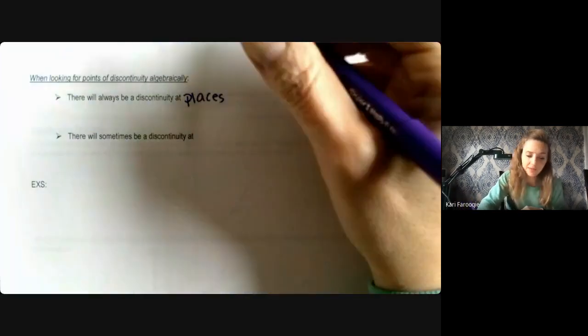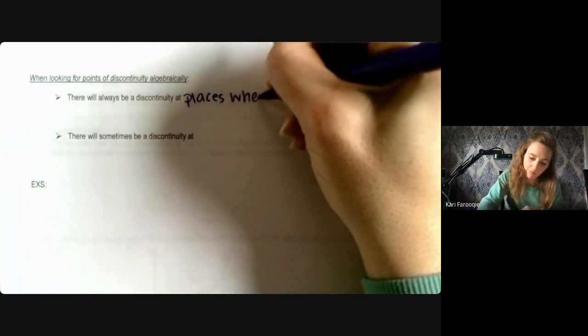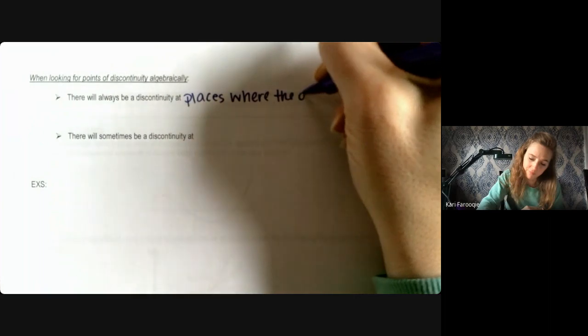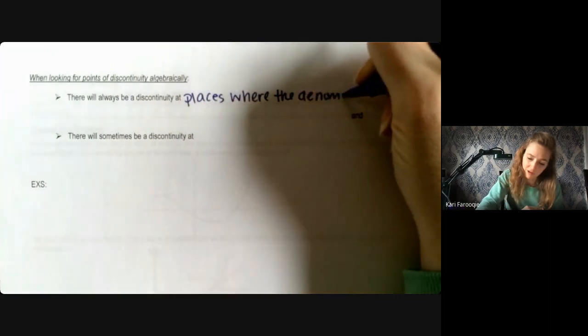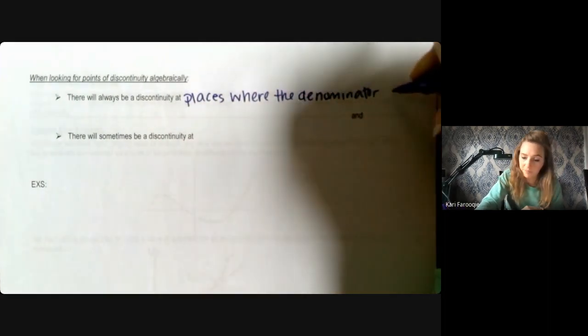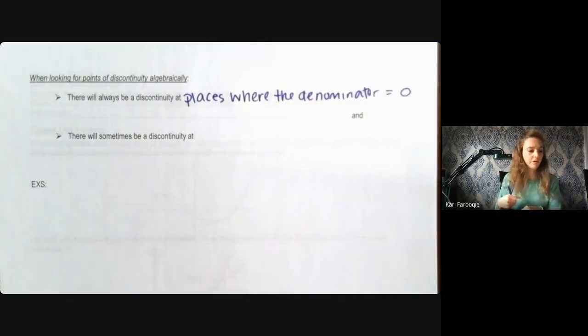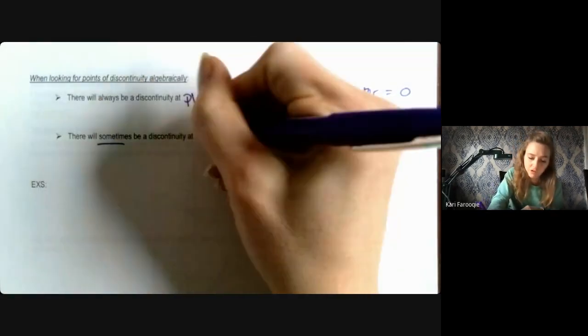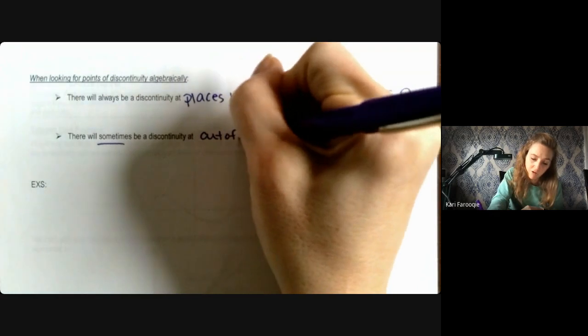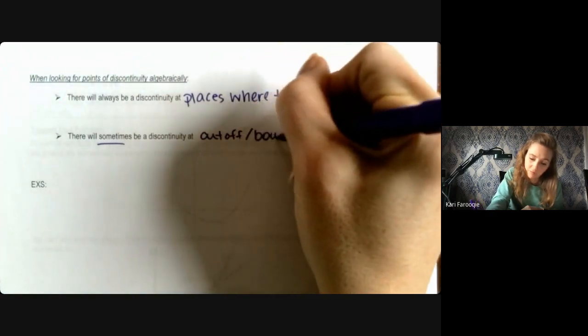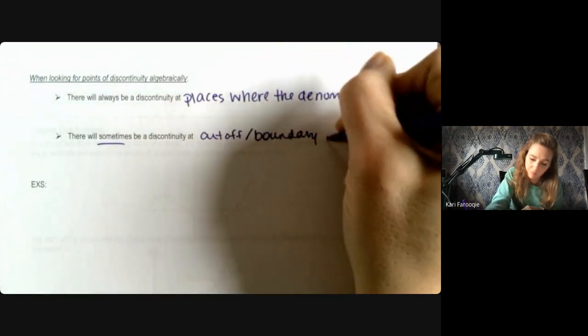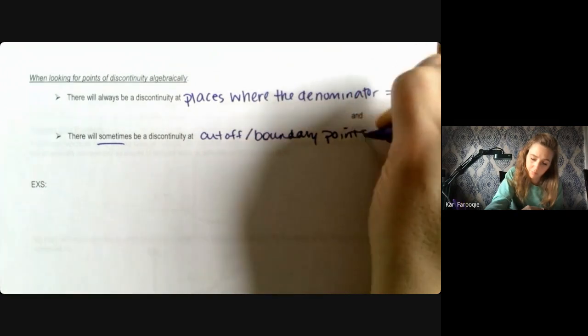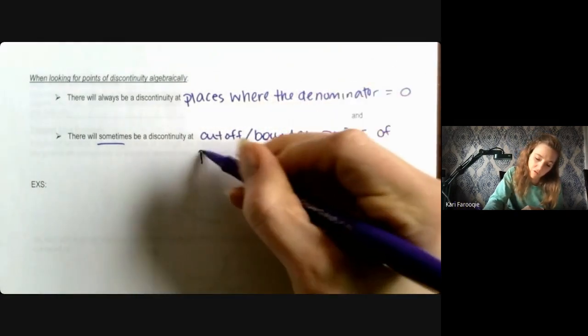It keeps popping up. And there will sometimes, not always, be a discontinuity at cutoff or boundary points of piecewise functions.